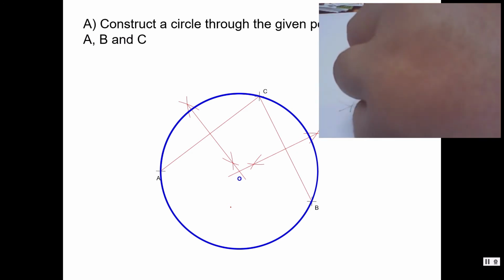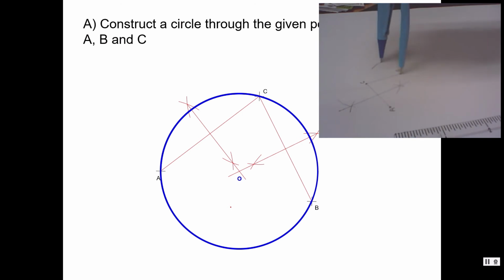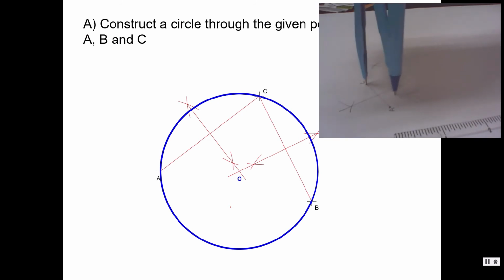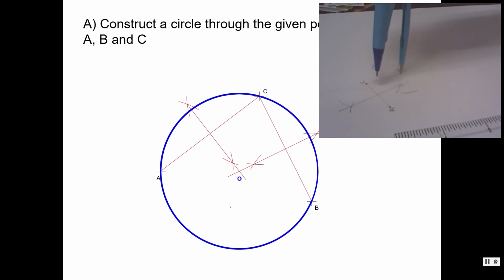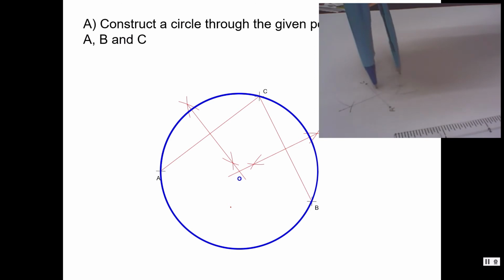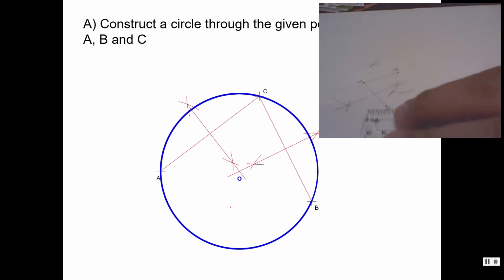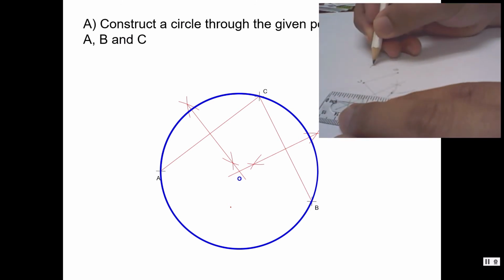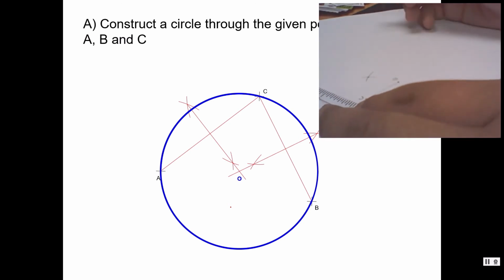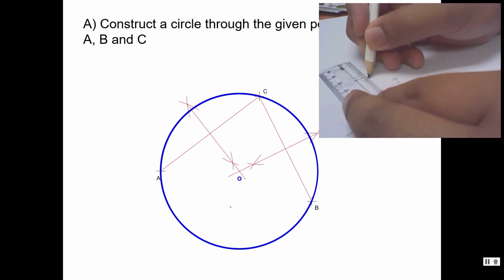Point B, point C, point B again, point C. Okay, so we got this point and this point, in which we can just draw the line.